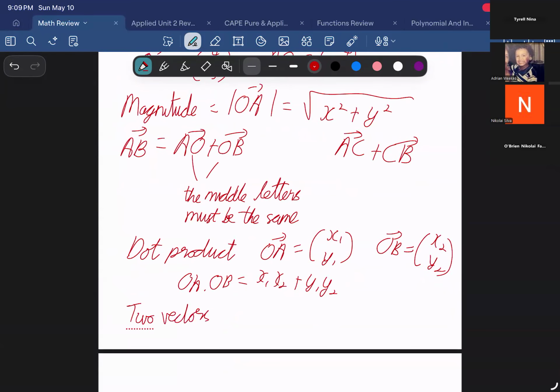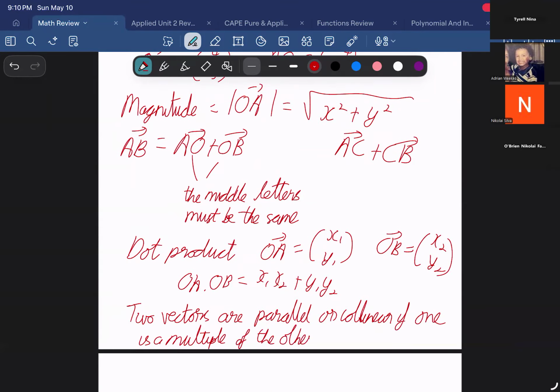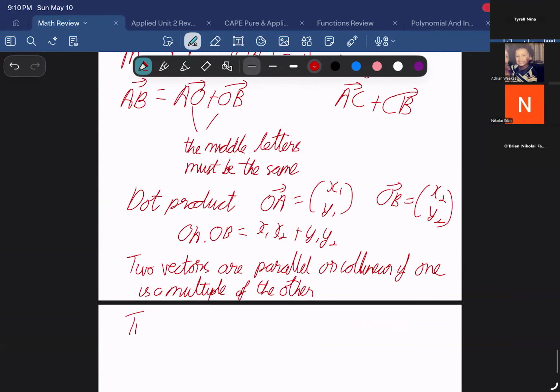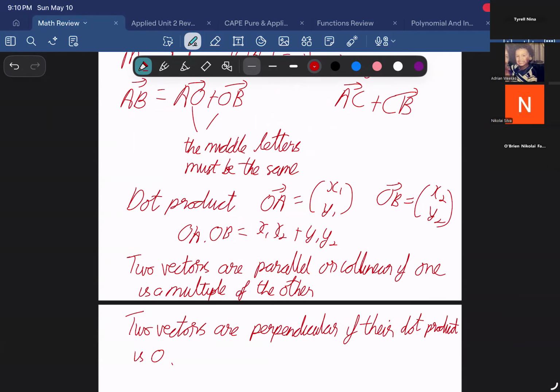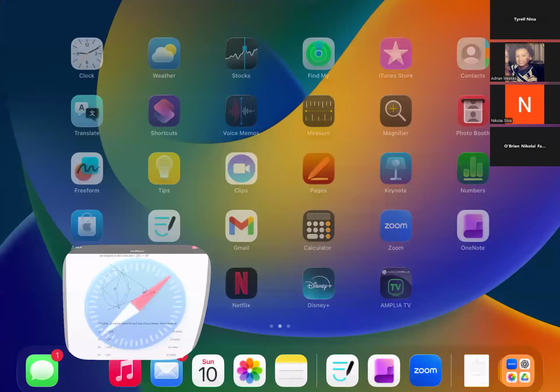Two vectors are parallel or collinear if one is a multiple of the other, and two vectors are perpendicular if their dot product is 0. Cool. So, a vector discussion.